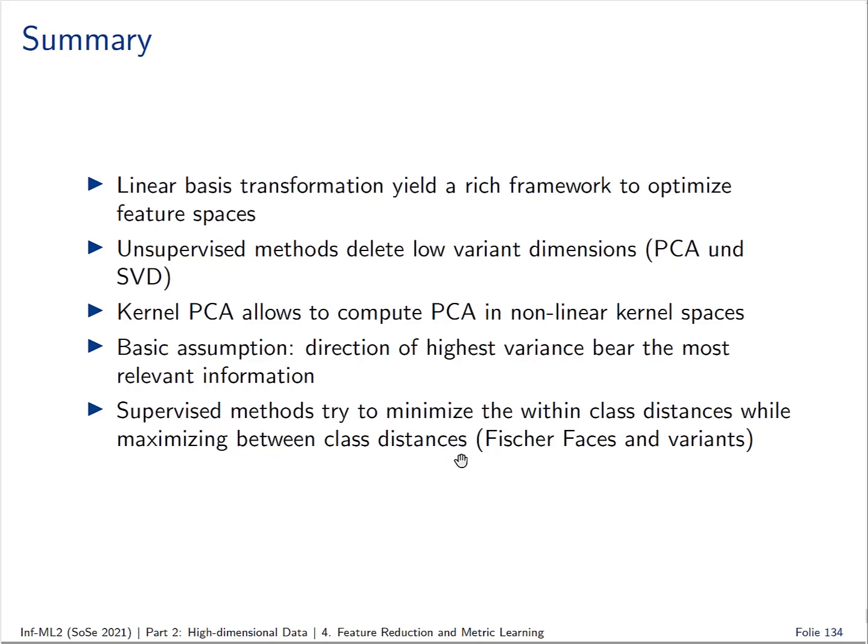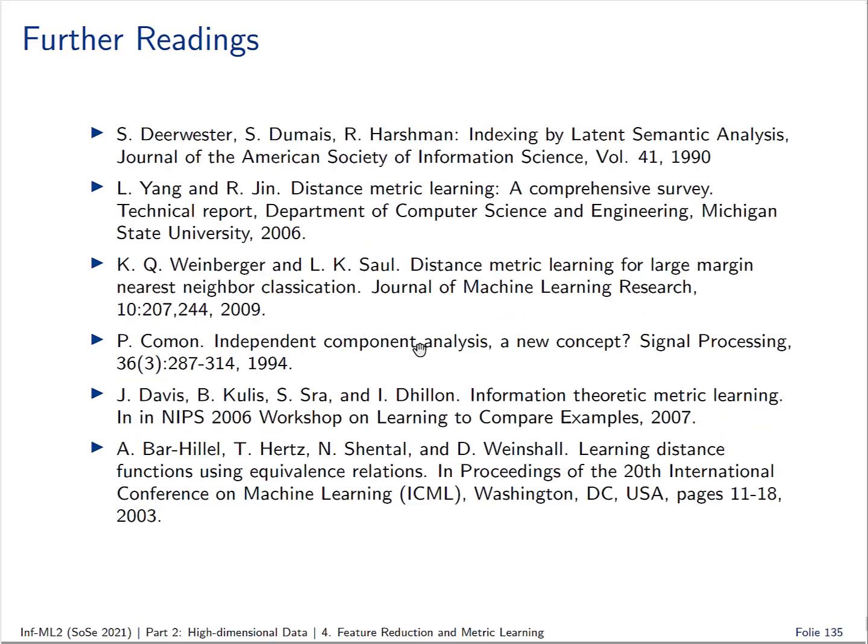So Fisher faces guide the search for good features more from the training set than from just the assumption of high variance. Here are some further readings if you want to dig in deeper.